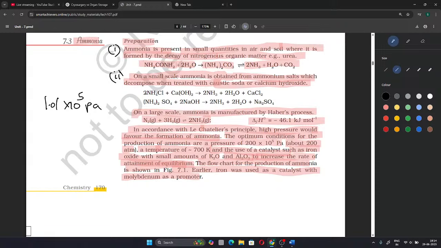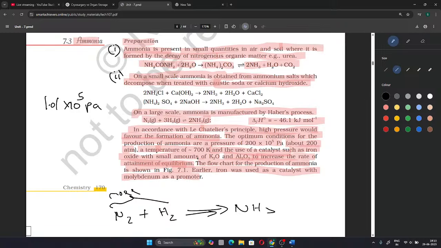On a large scale, it is Haber's process, where the formation enthalpy is minus 46.1 kilojoule per mole, and with Le Chatelier's principle, the more pressure on the left hand side of the equation, basically N2 plus H2 gives ammonia, the more the reaction will go in the forward direction.